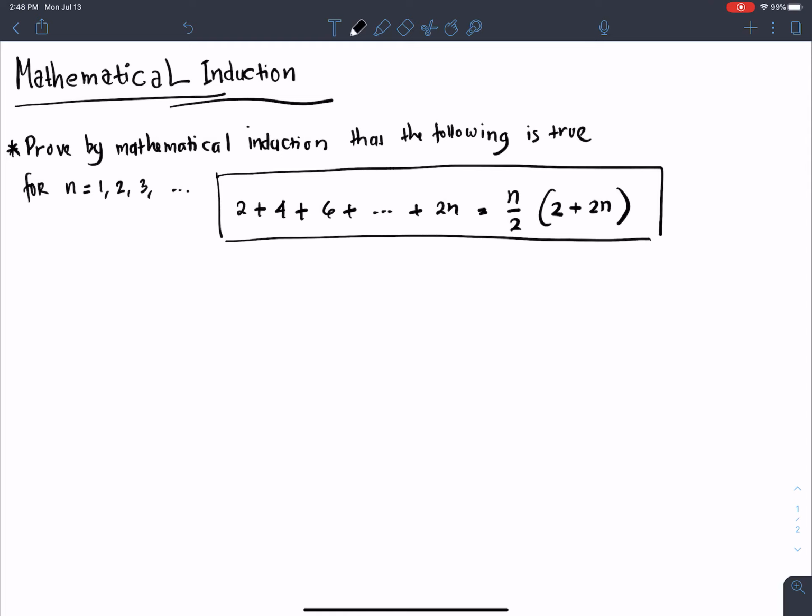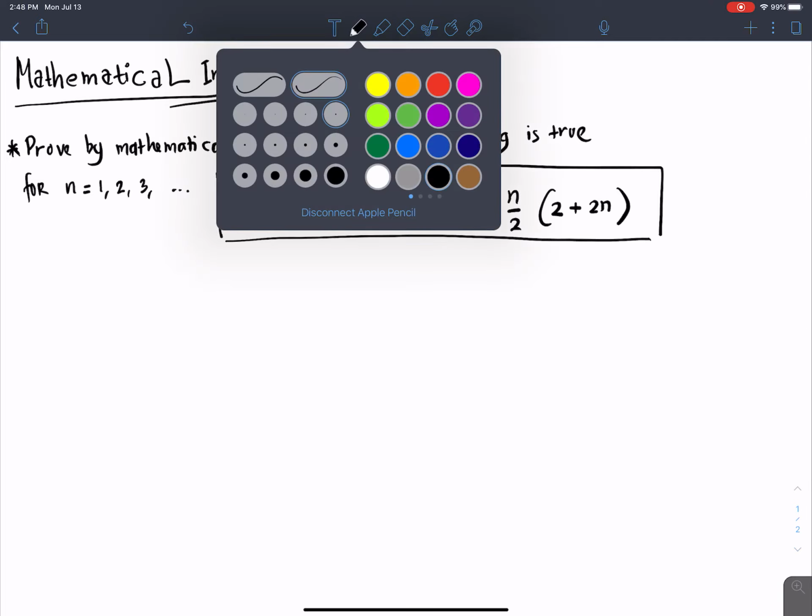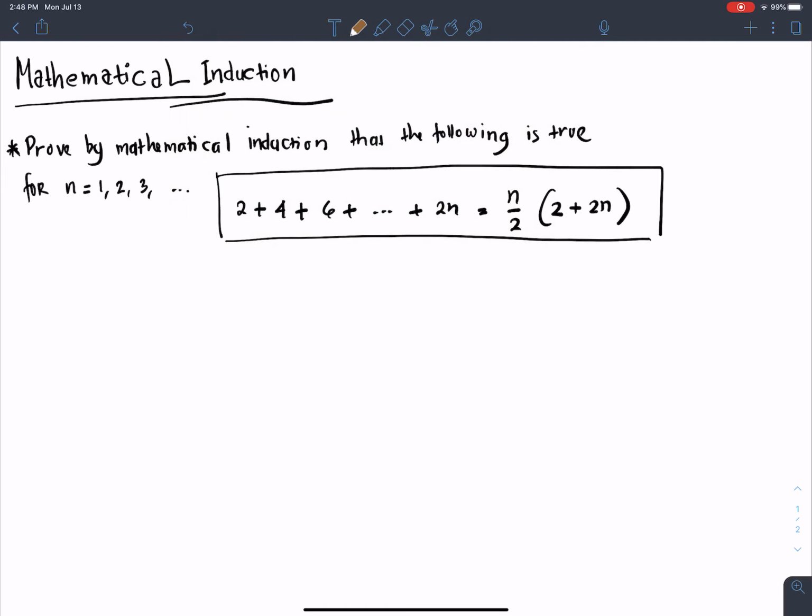Okay, there are a few steps in mathematical induction. If I can just briefly write it down here, there are 3 steps. The first one is to prove that the formula or the model is true for n equal to 1. So we start with the very first number, which is n equal to 1.